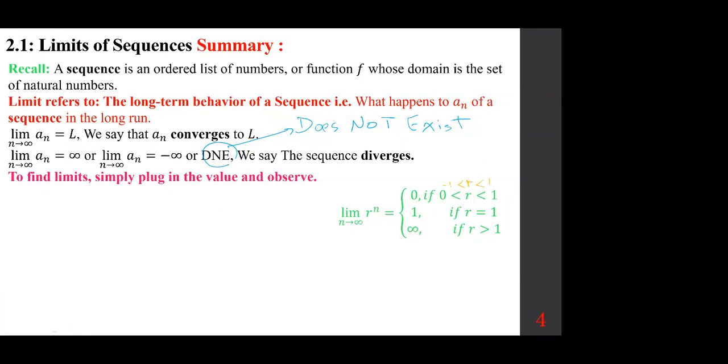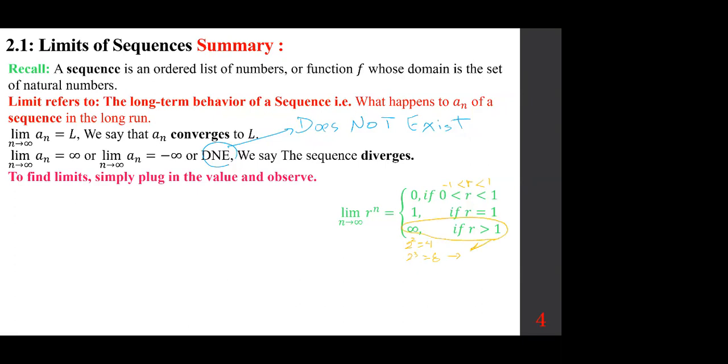Justification for that: if you look at first large numbers, for example, if you have 2 and you square it, you get 4. If you cube it, you get 8. As you notice, when r is larger than 1, as I add to the exponent, it becomes larger and larger. And that's why this is the case.